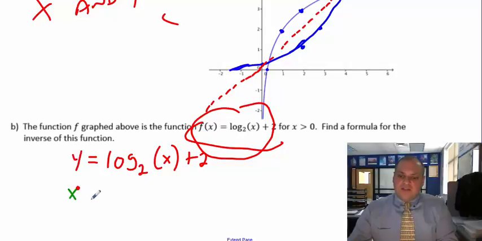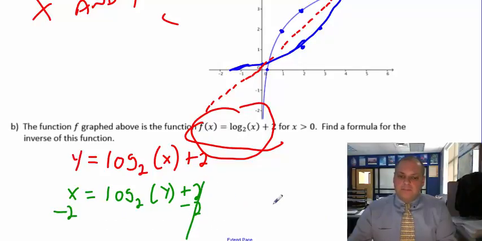So this is going to be x equals log base 2 of y plus 2. So now I'm going to subtract that 2 to the other side. Subtract that 2 over there. So I'm going to get x minus 2 equals log base 2 of y.